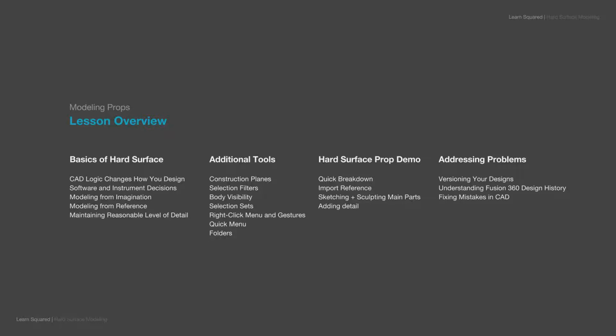So let's talk more about how CAD logic changes the way you design. The way I like to think about it is that CAD logic is entirely different from polygonal modeling in terms of how you should be treating your models, because, like we were discussing, they are represented in 3D space in completely different ways.